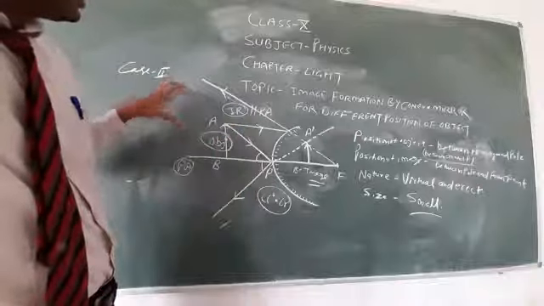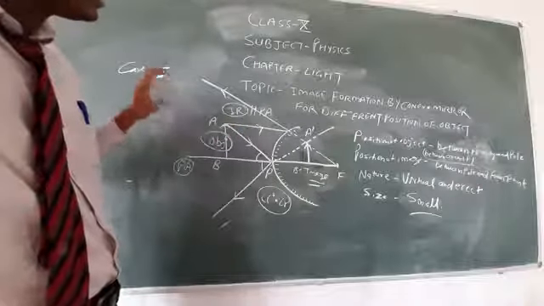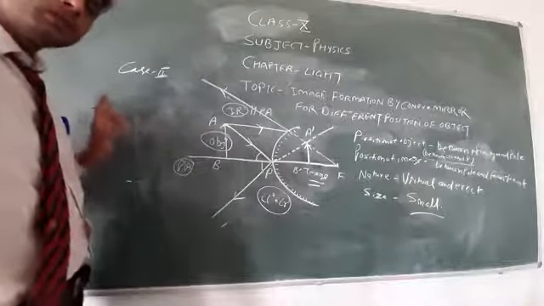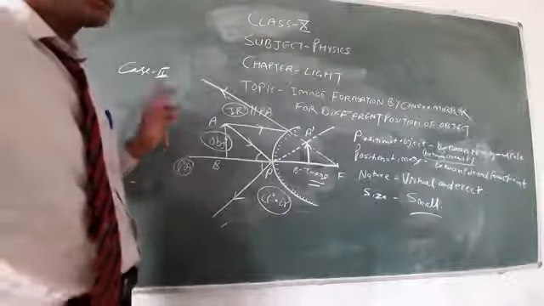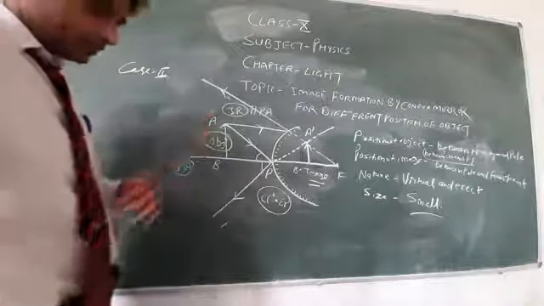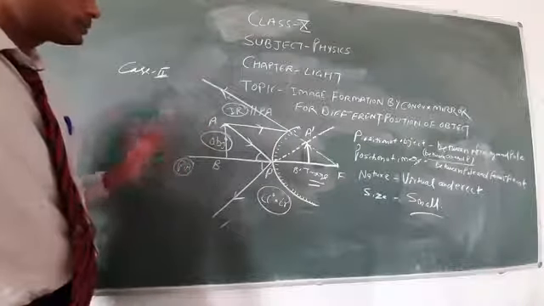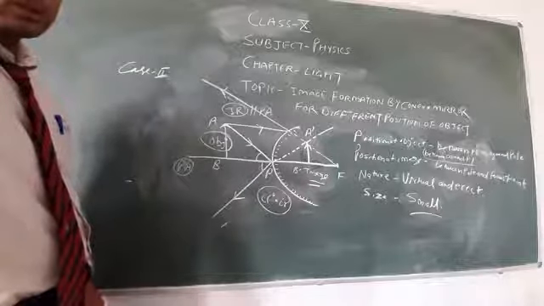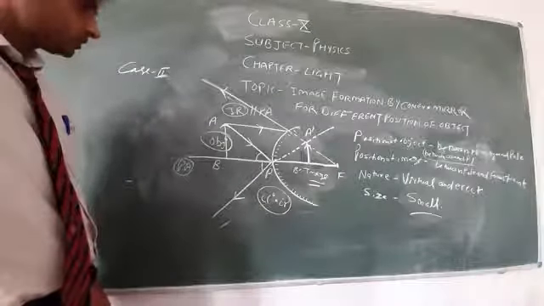So this is the second case. So for a convex mirror we have to read about only two cases: when the object is placed at infinity, and second, when the object is placed between infinity and pole. Okay, I hope you understand.